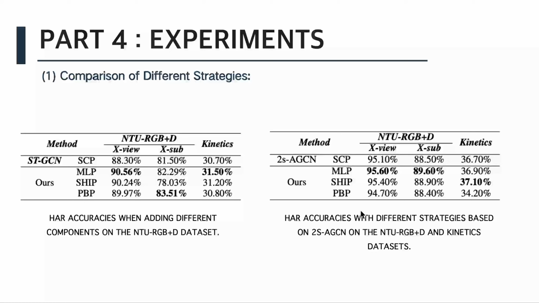The left table shows the results of ST-GCN using our proposed three strategies, while the right table shows the results of 2S-ST-GCN. This experiment underscores the indispensability of the three strategies, as each demonstrates suitability for different benchmarks and datasets.